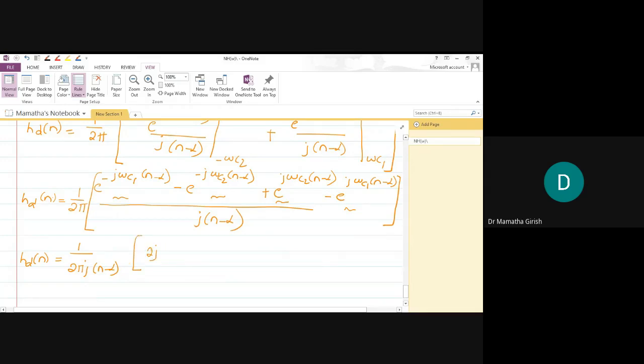Combining the first term with the fourth term gives 2j times sine of omega c2 of n minus alpha, minus 2j times sine of omega c1 of n minus alpha. Take care of this minus sign, because it is e power minus j minus e power j; the minus sign comes into the picture here.